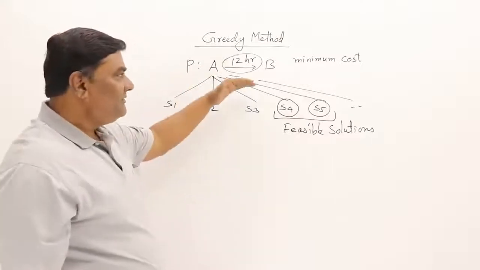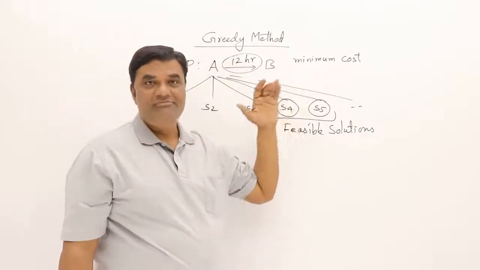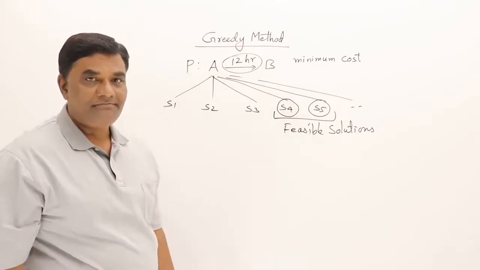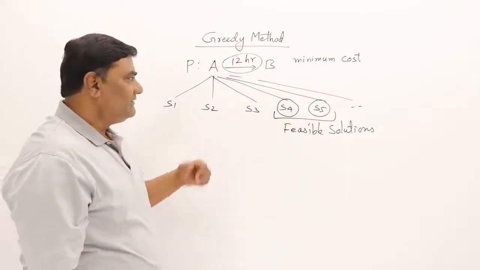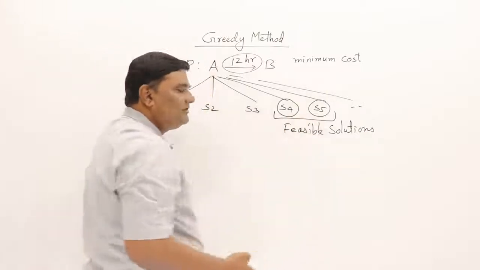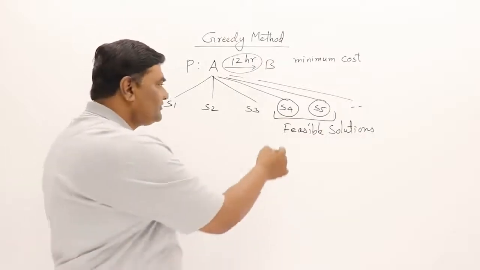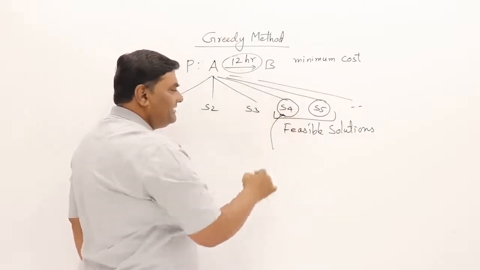As the problem demands that the result should be minimum, it is a minimization problem, right? Then out of these two solutions, one of the solutions may be taking minimum cost. Suppose by train if I go, this is minimum cost.